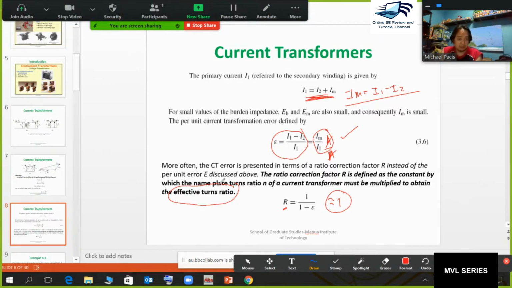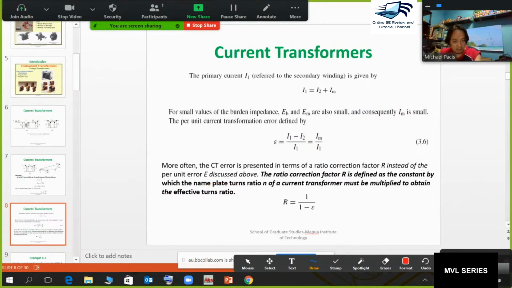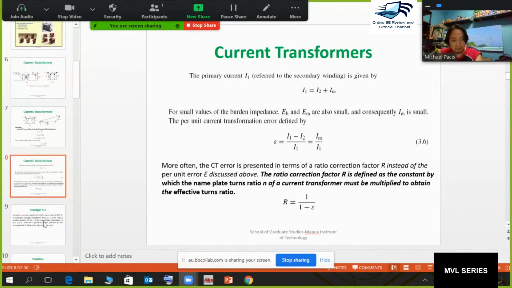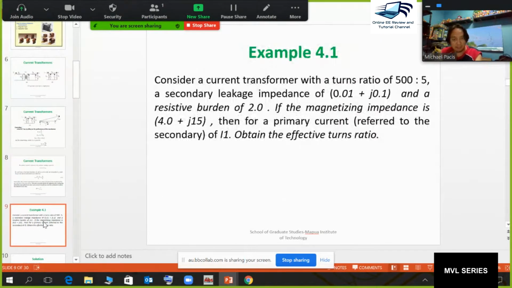If you multiply R by the current transformer ratio, you can get the effective turns ratio. If you can still recall, your transformer has the same thing. We will make use of this as an example in the next few slides. We have this example.